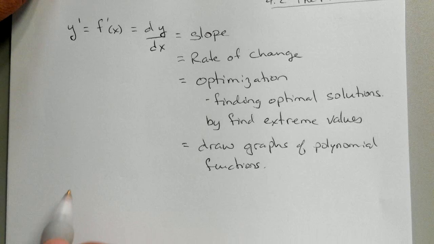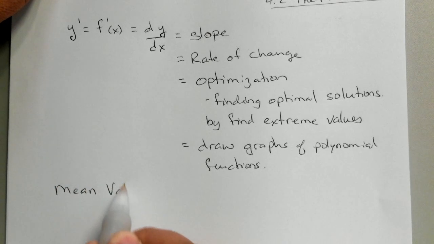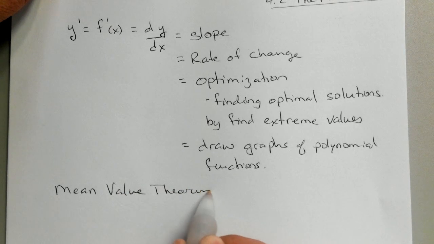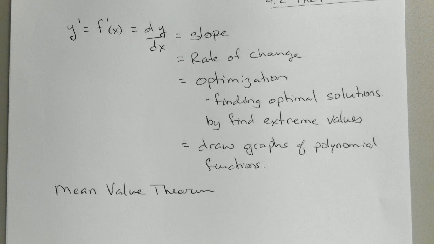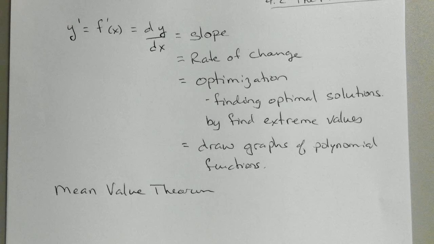And then we're going to discuss something called the mean value theorem. And we're going to use that to determine whether solutions exist, and if so, where and how many.